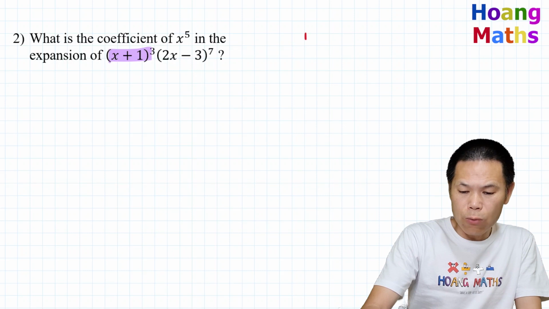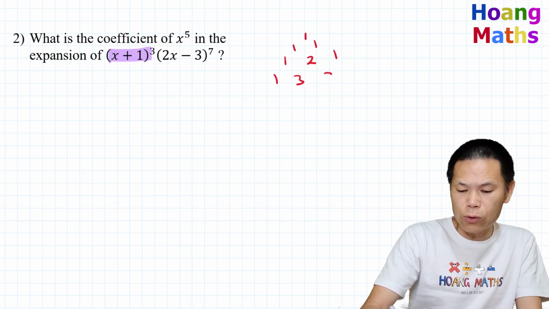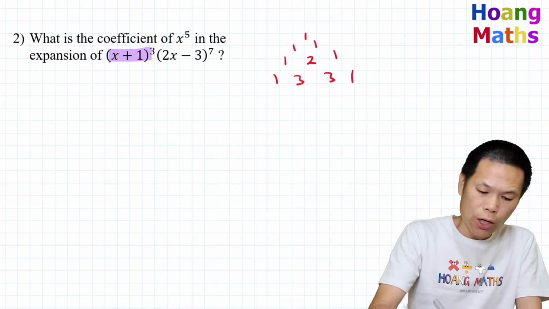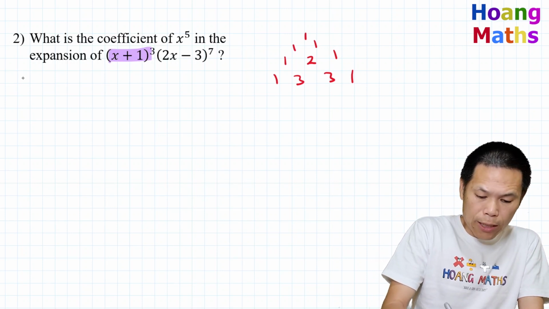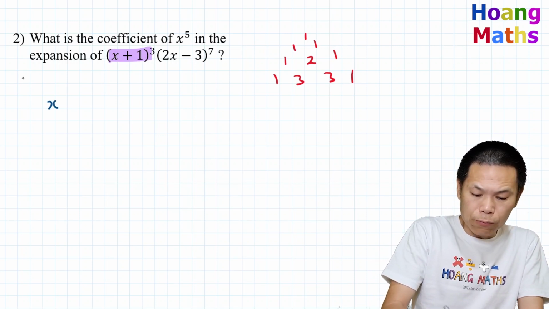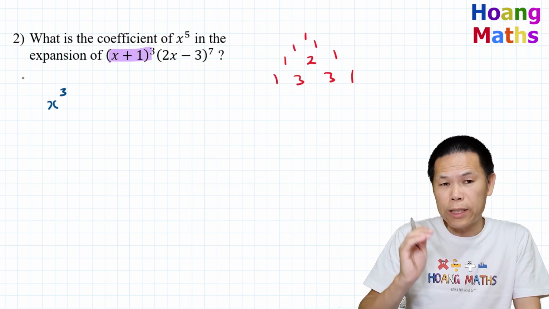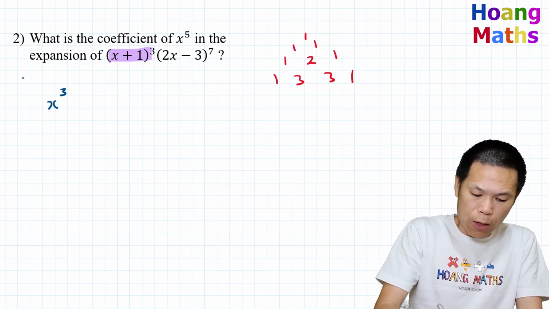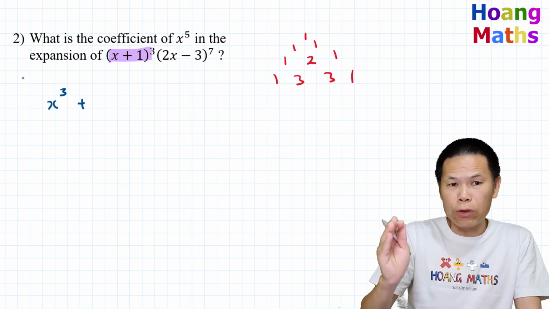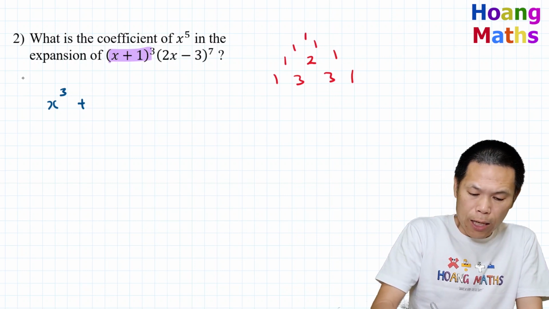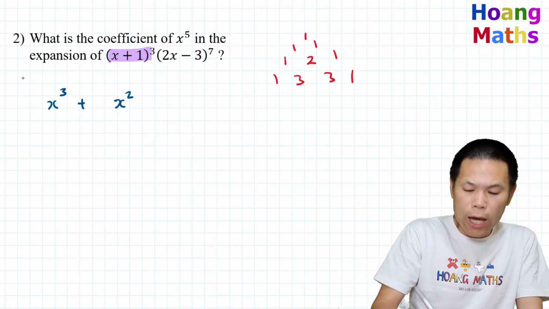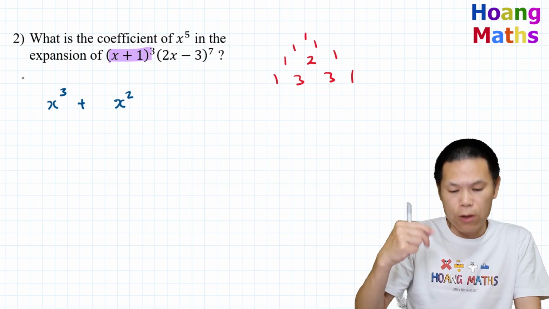It's 1, 1, 1, 1, 2, 1, 1, 3, 3, 1. They are the coefficients. So we start with x to the power 3 and 1 times 1 to the power 0. And then we add, let's sort out the expansion first. And then we reduce, so x squared and then times 1 to the power 1.